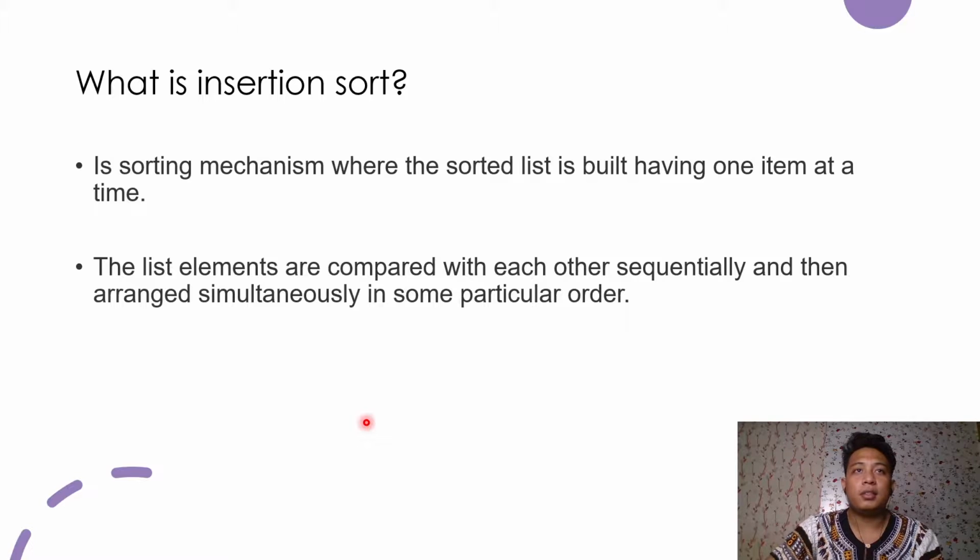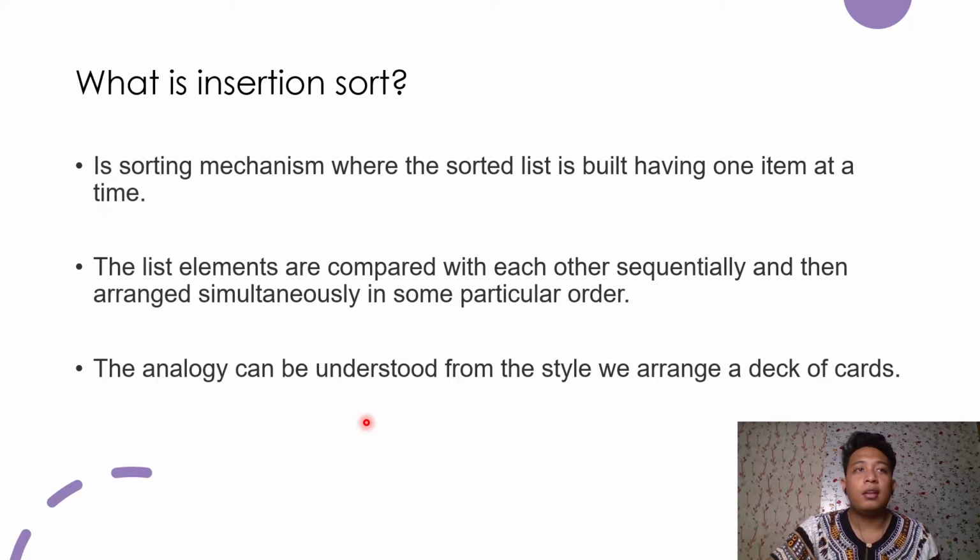The list elements are compared with each other sequentially and then arranged simultaneously in some particular order. The analogy can be understood from the style we arrange a deck of cards. This sort works on the principle of inserting an element at a particular position. That is why it is called insertion sort.